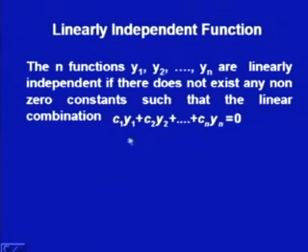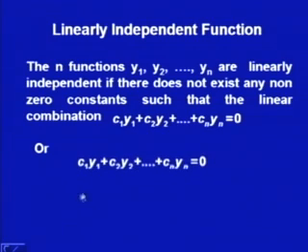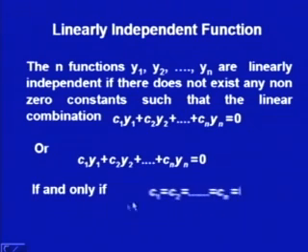That says this linear combination is 0 if and only if C1, C2, ..., Cn are all 0. In other words, if the linear combination is 0 if and only if all of C1, C2, ..., Cn are 0, then we call y1, y2, ..., yn linearly independent.